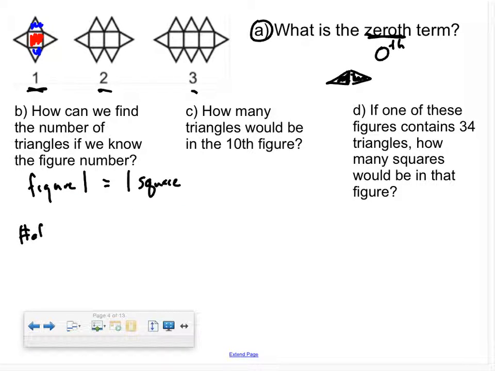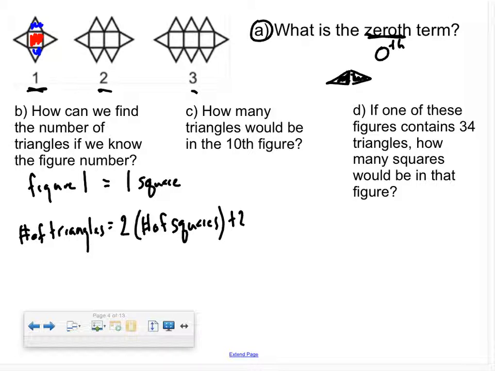So the number of triangles equals twice the number of squares, plus the 2 from our 0th term if you think about that.